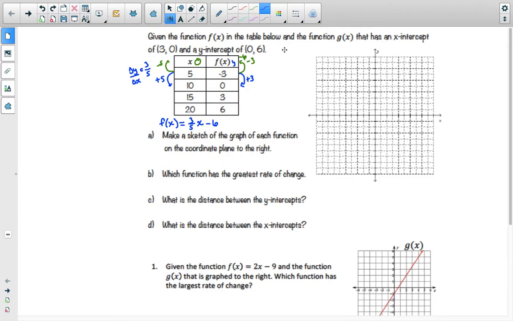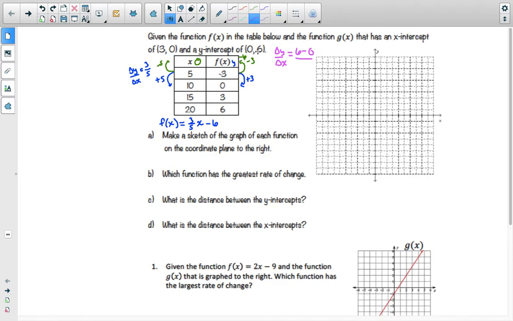For g of x, I need to find my change in y over change in x, but then using my two coordinates, I also have the y-intercept of (0, 6), so I already have my y-intercept. I only need to find my slope. So to find our slope, we would do change in y over change in x, which would be, my change in y would be 6 minus my other y, which is 0, divided by my change in x.